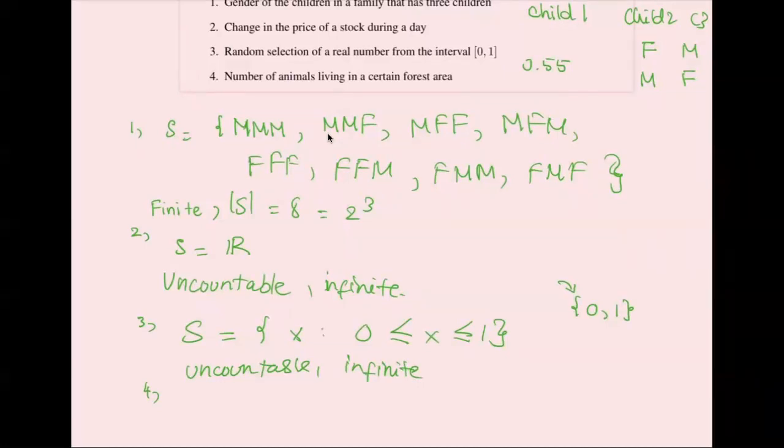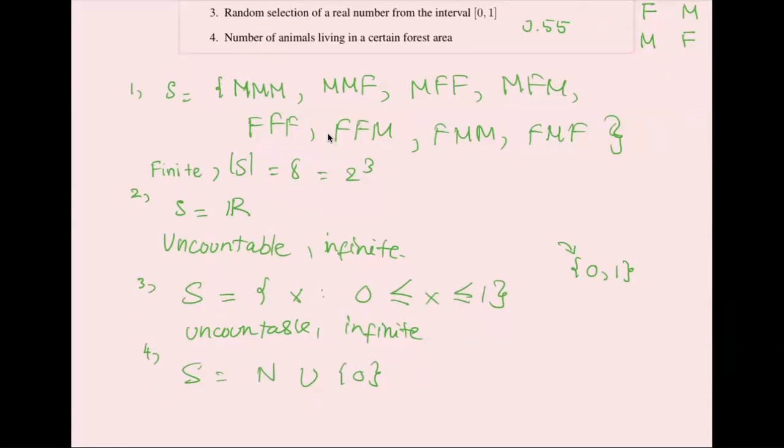Number of animals living in a certain forest area. Yes. Let's union with 0 as well. Maybe in some area, the animals just don't live there. Is the set infinite or finite, countable or not?